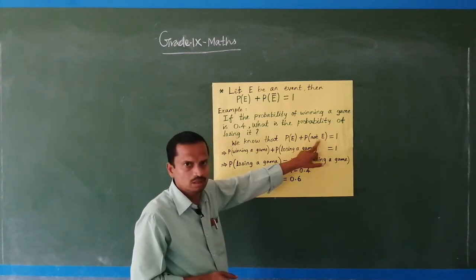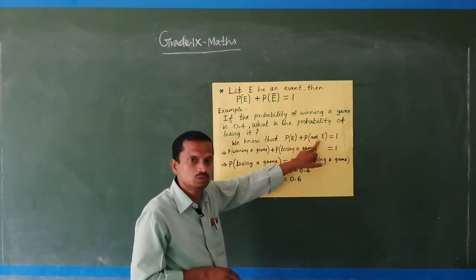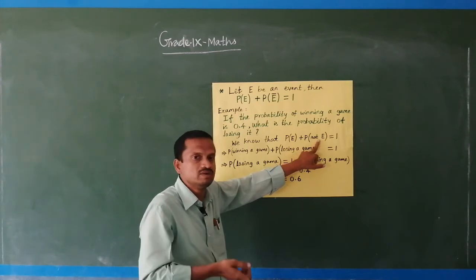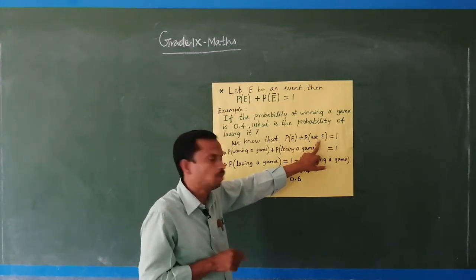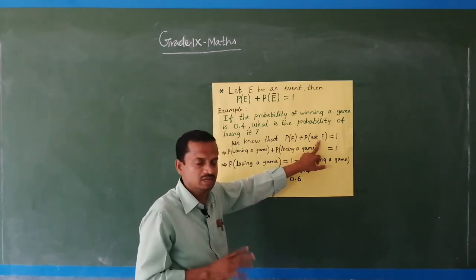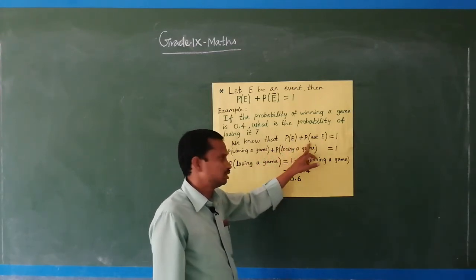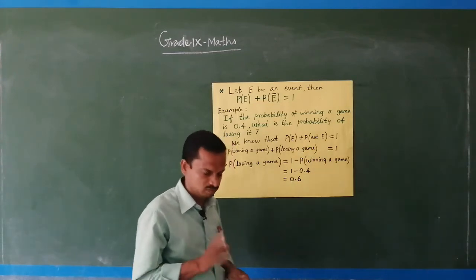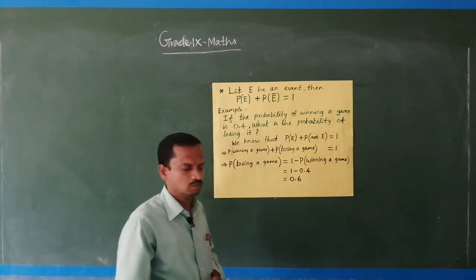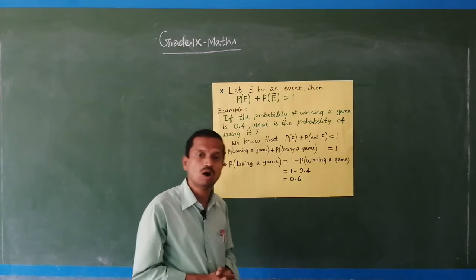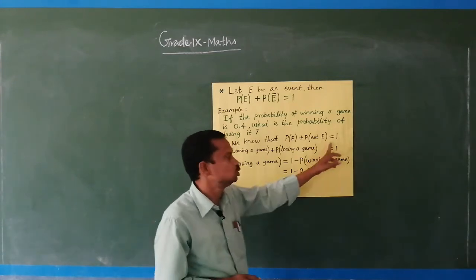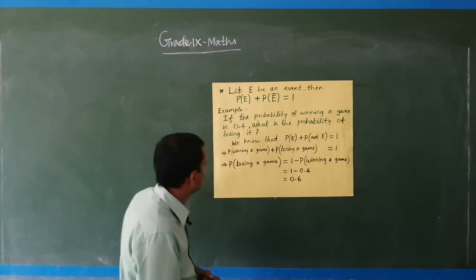Not E is nothing but E bar, opposite to the event E. So, the sum of the probabilities of two opposite events is equal to 1.